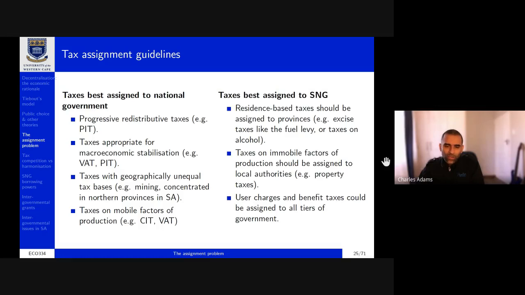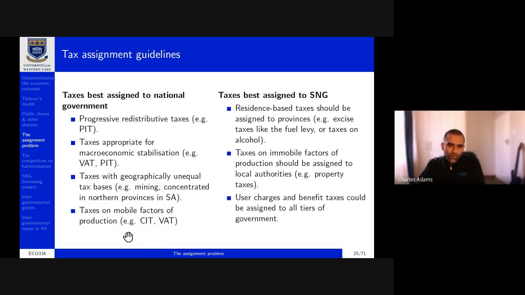Taxes on mobile factors of production as well, again, so that you don't have this distortive effect of entities, be that individuals or firms, moving to different jurisdictions to either escape onerous taxes or to benefit from lower taxes elsewhere, right? So you want that also to be implemented at the national level.